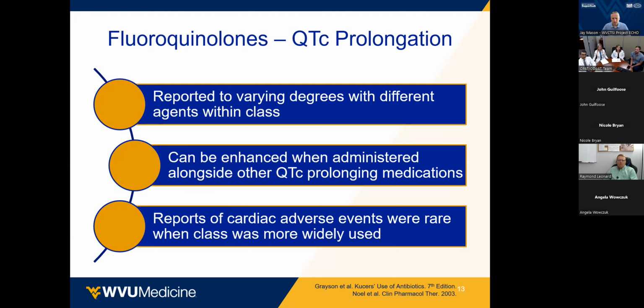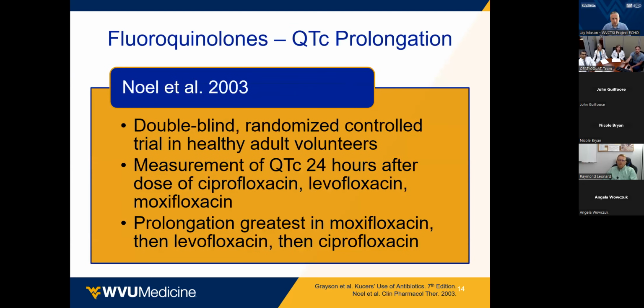Reports of cardiac events, however, were still rare when this class was more widely used back in the late 90s and early 2000s, whereas we've now reined in use of fluoroquinolones more for stewardship purposes. What I wanted to point out, though, was an early 2000s trial that was actually a randomized controlled trial.